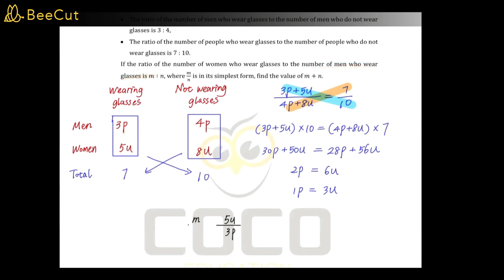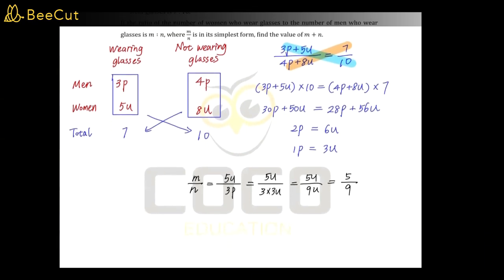This one is M over N. Now, because 1P equals 3 units, so 3P equals 3 times 3U, this is 9 units. Cancel the U, this is 5 over 9. So it means that M equals 5, N equals 9. Sum of M and N equals 14.